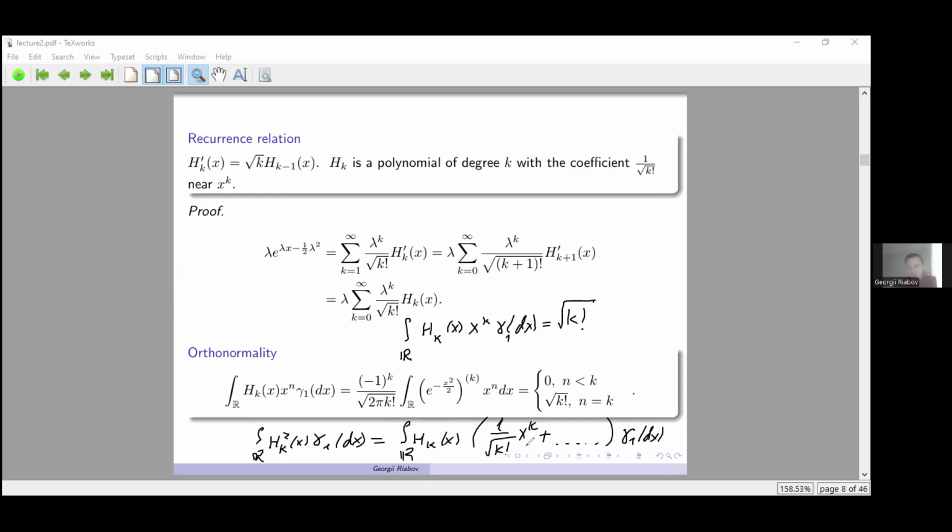H_k is orthogonal to all powers of x that are less than k. So we will have now this part, and the integral with x to the power k equals root of k factorial. So this will be equal to 1. So it follows that this system of polynomials is orthonormal with respect to the standard Gaussian measure.